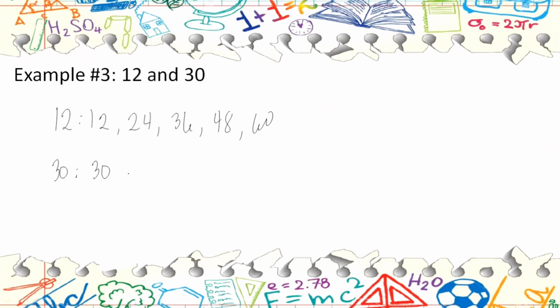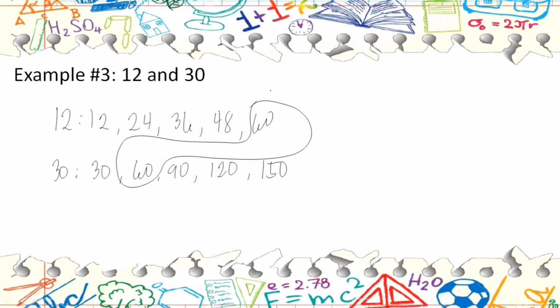So, we have 30, 60, 90, 120, and 150. And ang common dito is yung 60 lang. Ibig sabihin, ang LCM natin dito ay equals sa 60. And that will become our final answer.